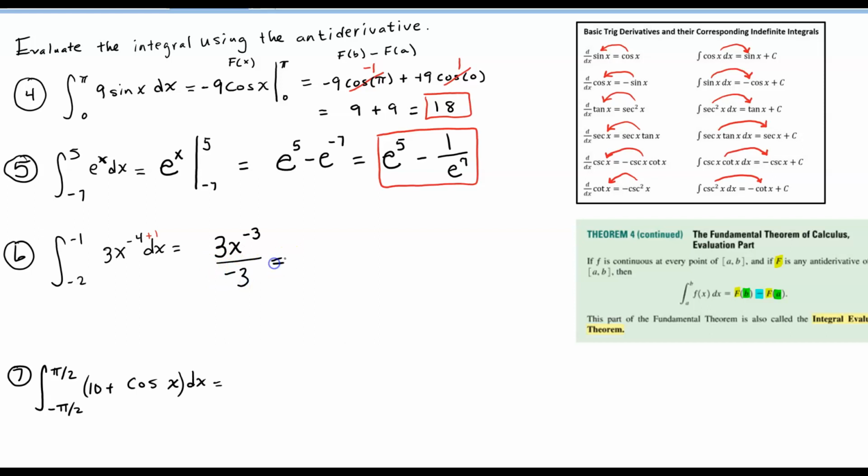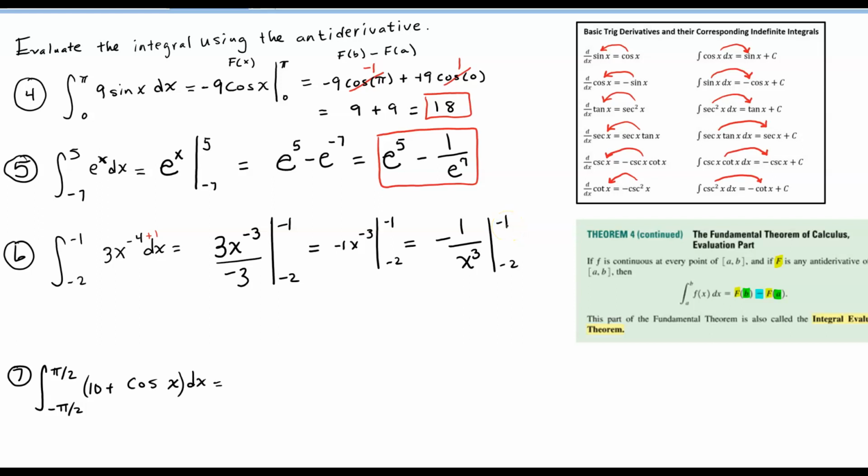And so I end up with something that looks like, well, I can't forget my bar here, negative 2 to negative 1, but I'm going to clean it up just a little bit, okay? And that is to say that it's negative 1 times x to the minus 3, evaluated from negative 2 to negative 1. And so what I'm going to do is write it using positive exponents, negative 1 over x to the 3rd power, evaluated from negative 2 to negative 1.